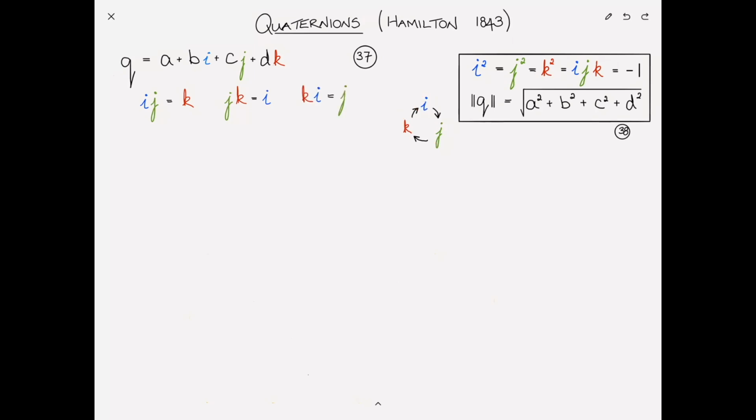Now, what happens if we go in the reverse order? Well, then we get negative. So J times I is equal to negative K, because I'm going in the reverse order. K times J is equal to negative I, and of course I times K is equal to negative J. And an important feature to point out here with quaternions, unlike complex numbers, one of the things that makes these algebras different, is that multiplication of quaternions is not commutative.